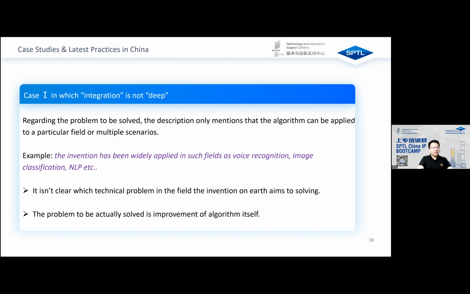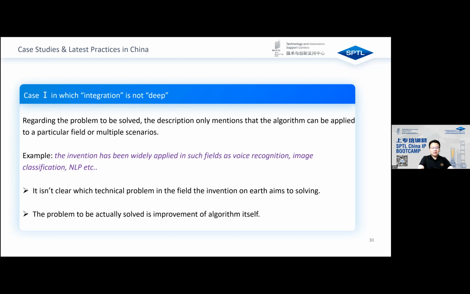Also, it helps to understand better to see cases in which integration is not deep. For instance, in case that regarding the problem to be solved, the description only mentions that the algorithm can be applied to a particular field or multiple scenarios.